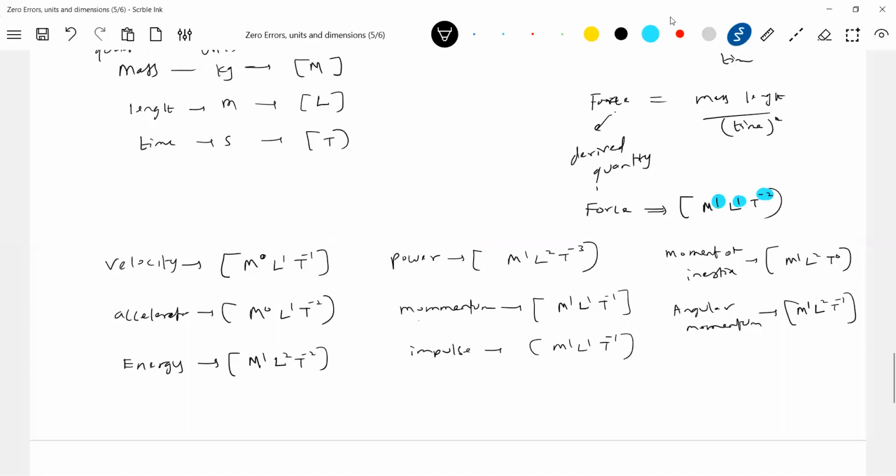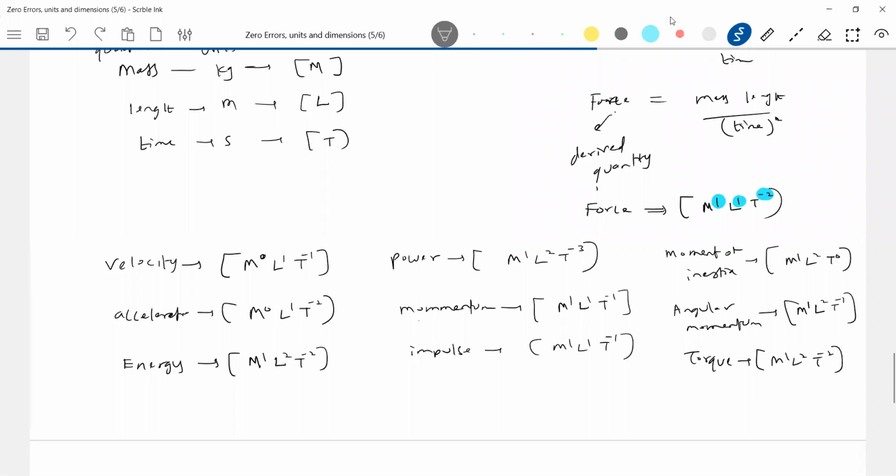And then how do you define torque? Rate of change of angular momentum. So shall we bring M1, L square, T minus 2? Torque and energy, do they have the same dimensions?